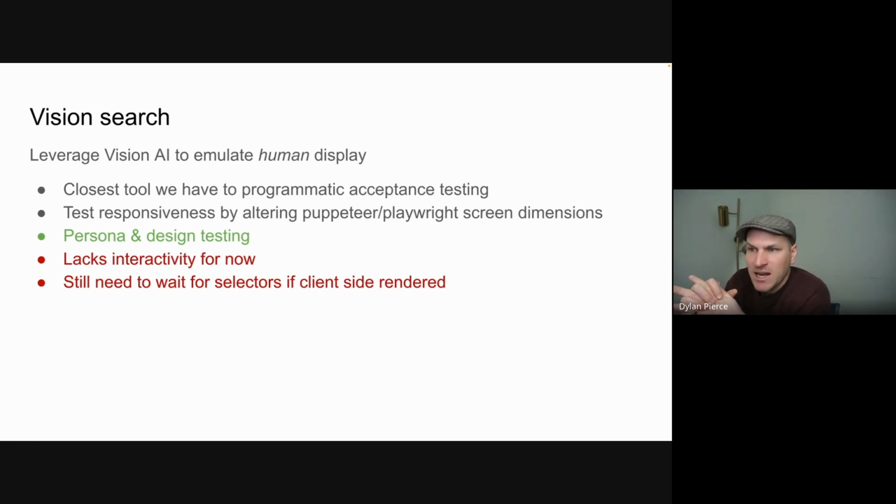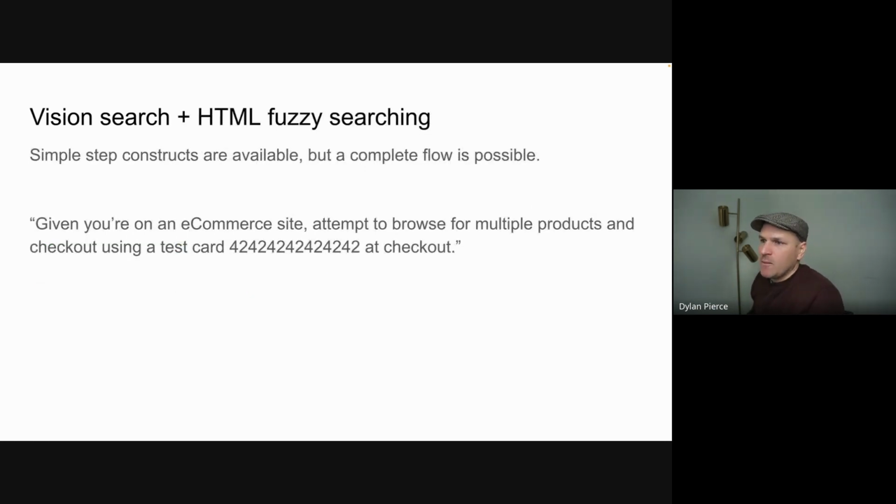And you still have to manually update it from time to time. But in the future, I can imagine somebody doing this, like end-to-end Puppeteer testing with prompts. But for now, I'm going to show you how to do this vision search concept with a simple checkout flow.